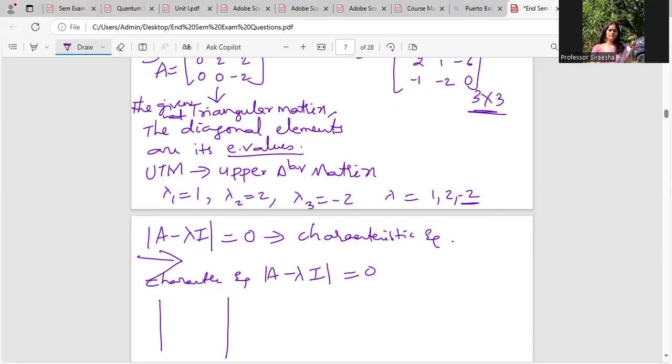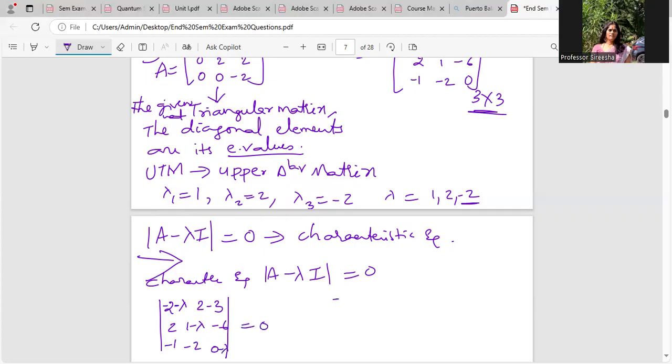Determinant is a number, so I will enclose the determinant in lines, guys, and not in square braces. I will write minus 2 minus lambda, 2, minus 3; 2, 1 minus lambda, minus 6; minus 1, minus 2, and 0 minus lambda, is equal to 0.